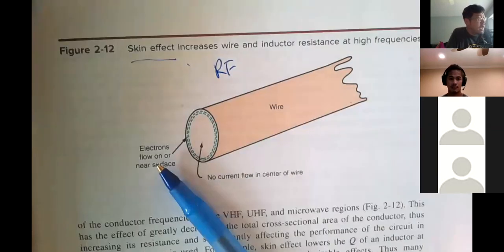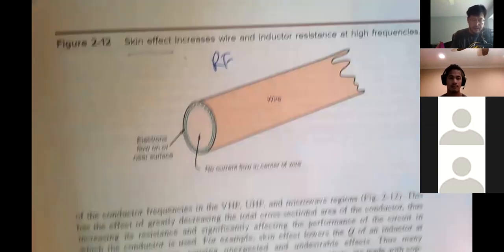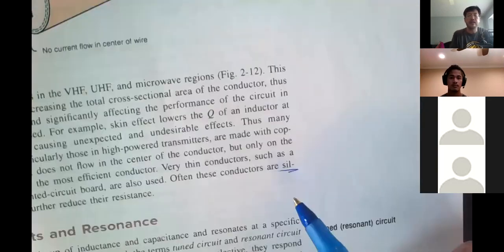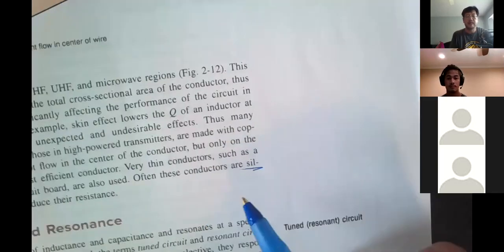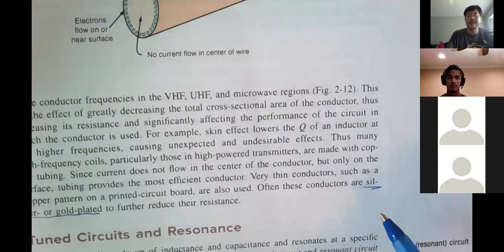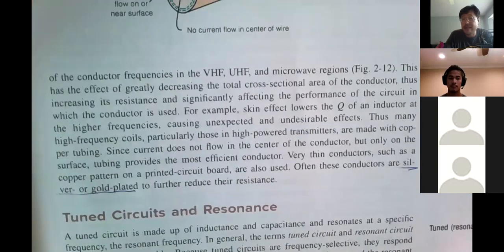That's why we actually coat the surface with gold or silver. A lot of the time you see your conductor is coated with silver. Why silver? Because silver is a better conductor. Silver is probably the best conductor. So you coat it with silver or gold.